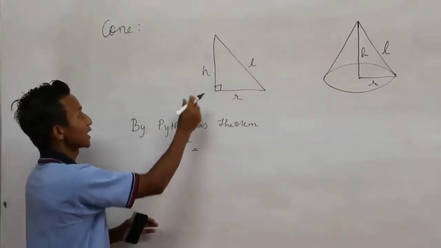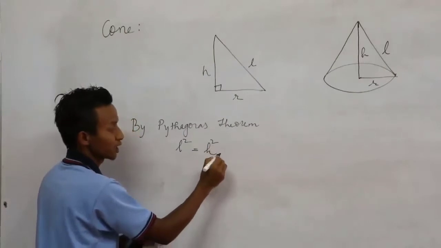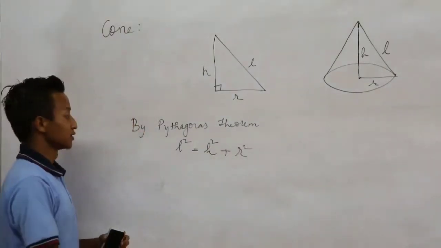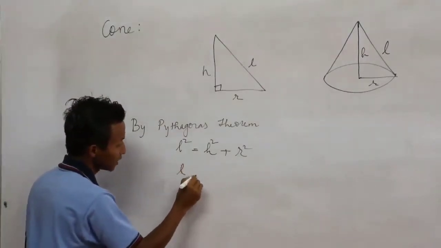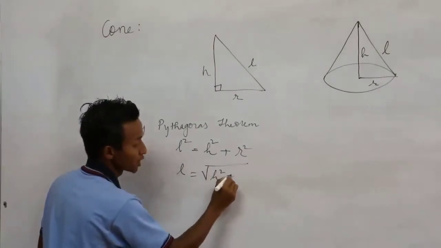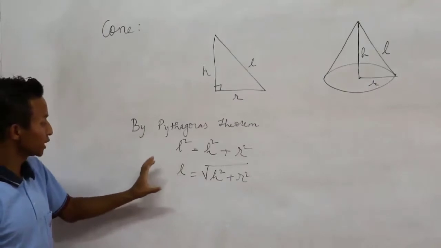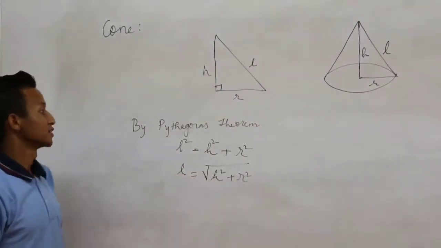The other two sides are h and r. So here you get h square plus r square. So taking square root both sides, you get L equal square root over h square plus r square. This is the relation between slant height, height and radius.